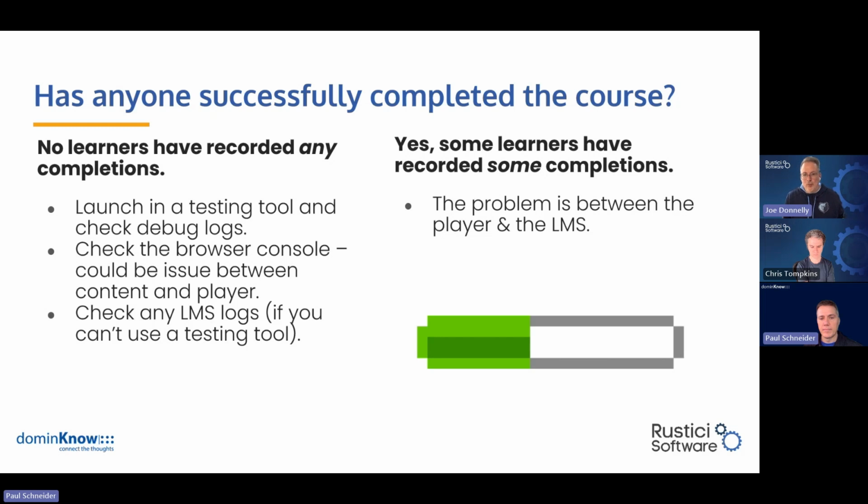Every so often you'll see those in the browser console or maybe even in the network tab of the console. And then lastly, hopefully your LMS has some sort of logging where you can see transaction-level data to see what the course is saying and what the LMS is saying in return, if it's saying anything. Where things get a little hairier is that other path.